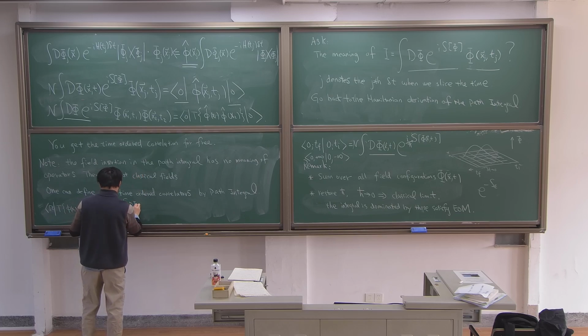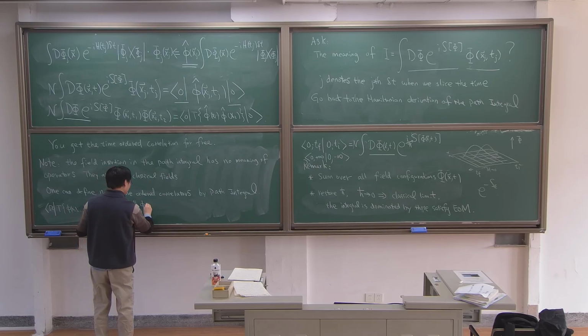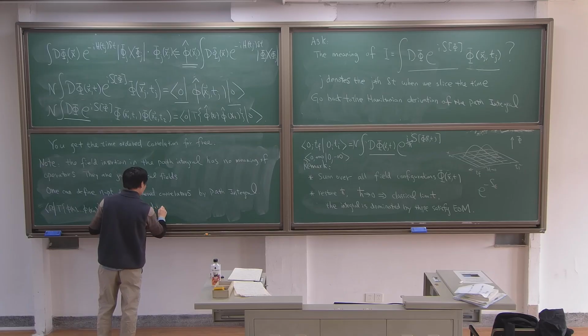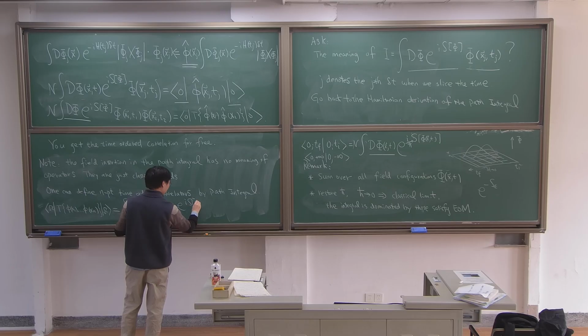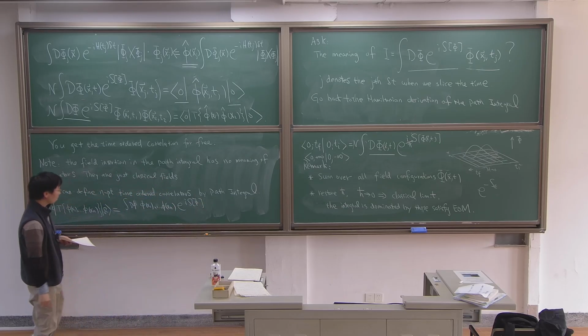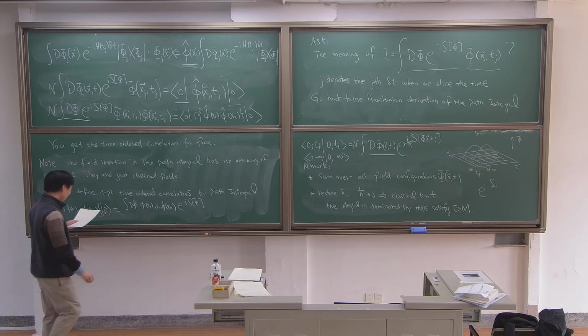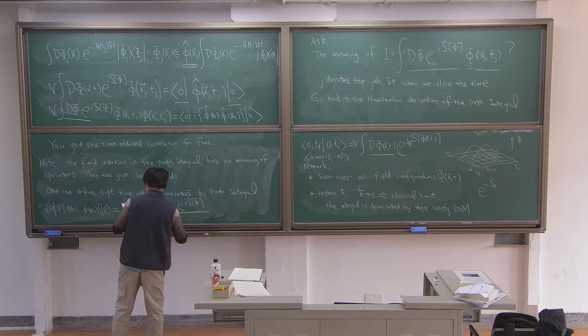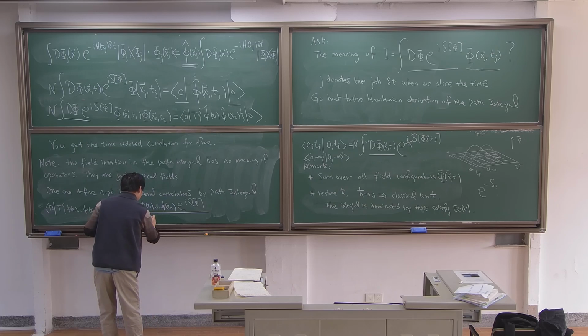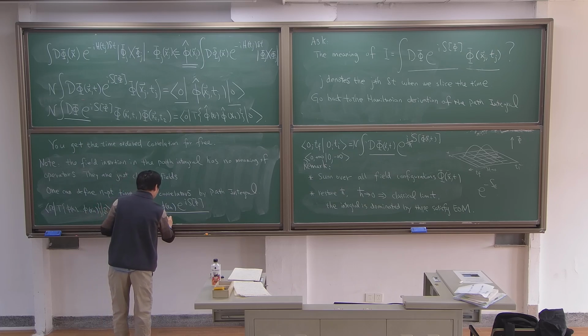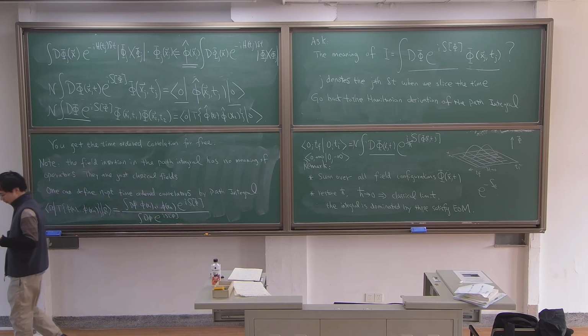From the above discussions, we already know we should include the n field insertions inside the path integral. And then we normalize by the path integral without the field insertions.